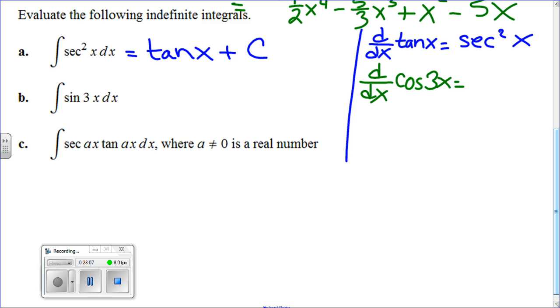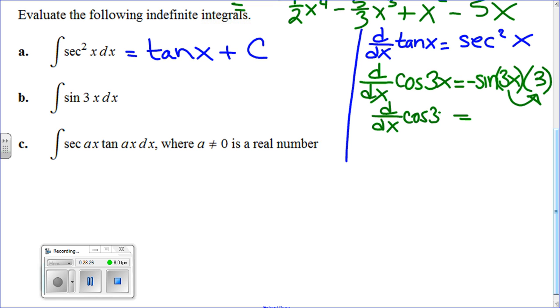The derivative of cosine is negative sine. So it's going to be negative sine of 3x, but then we have to use chain rule and take the derivative of the angle. And so that will be positive 3. So then this one, counteract that. Okay, so it's a negative 3 sine of 3x, like that.